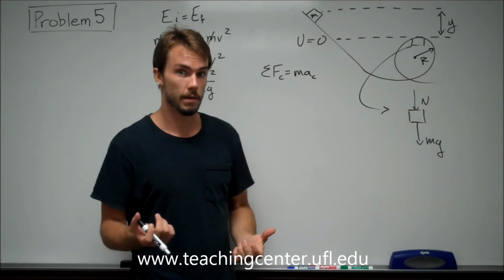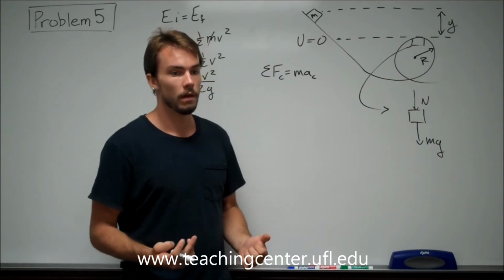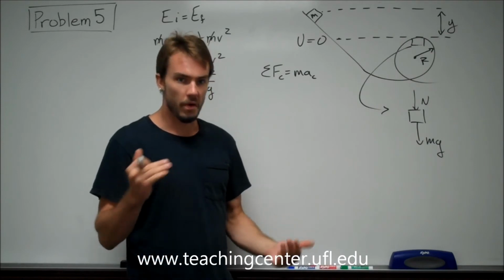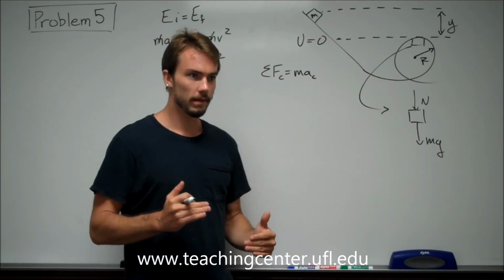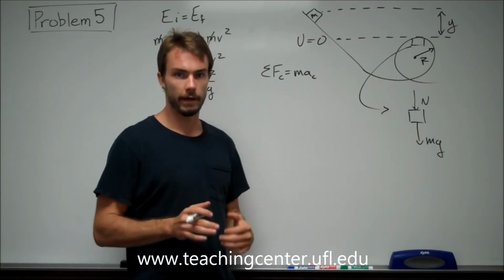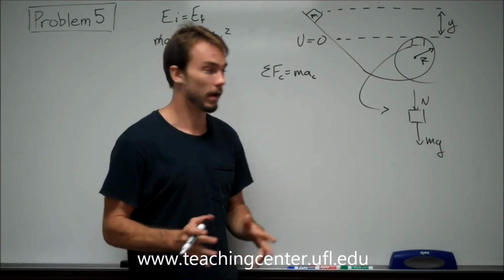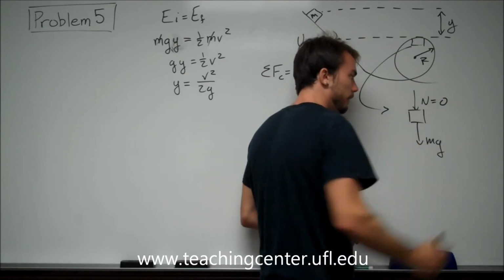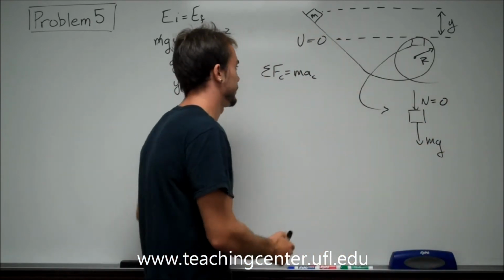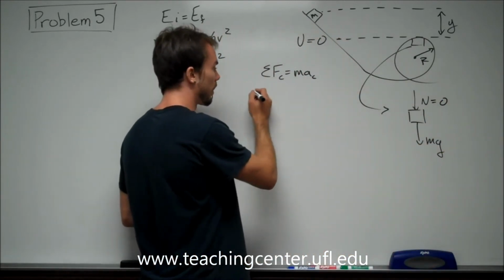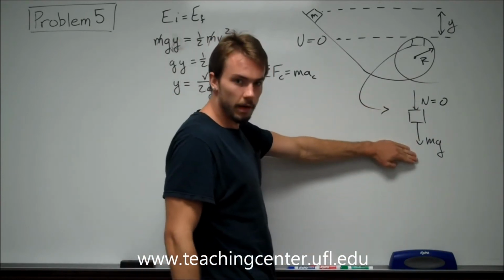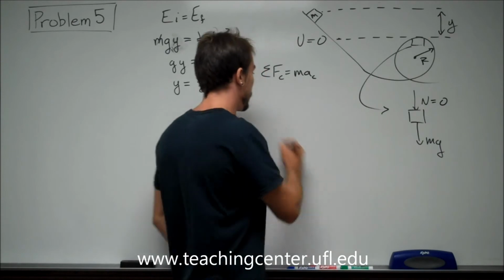The only force acting on the object would be the force of gravity. If it isn't falling off, there would be a normal force. So the breaking point is the point where the normal force is just equal to 0. So we assume our normal force is equal to 0 right when it's about to fall off. So in the sum of our centripetal forces, mg would be our only force.